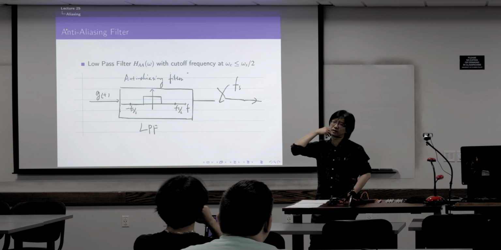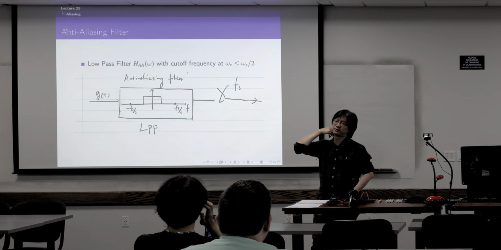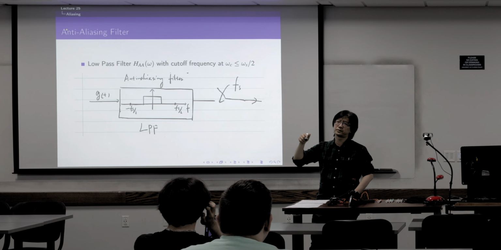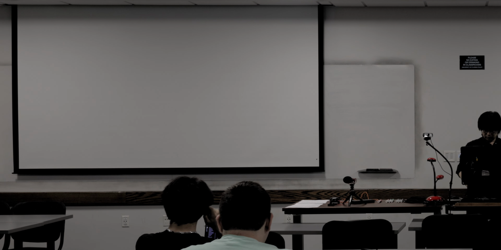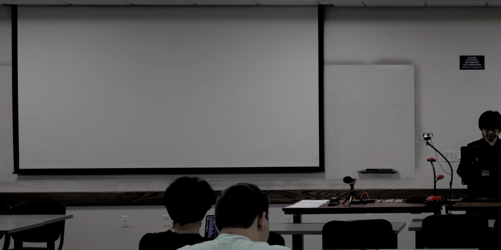For maybe Nikon or some others, they have what is called the OLPF, optical low pass filter, right? So that's an anti-aliasing filter, okay? Then they can get rid of the high frequency component beforehand to make it better. Okay, very good. So this is the concept of an anti-aliasing filter, just one way to remove this undesirable effect.